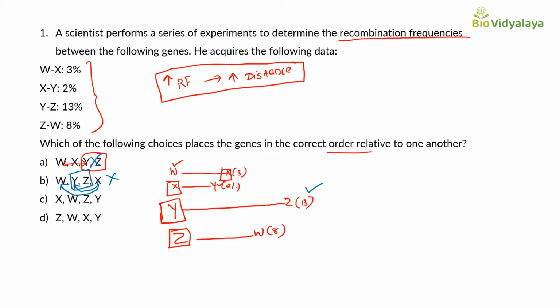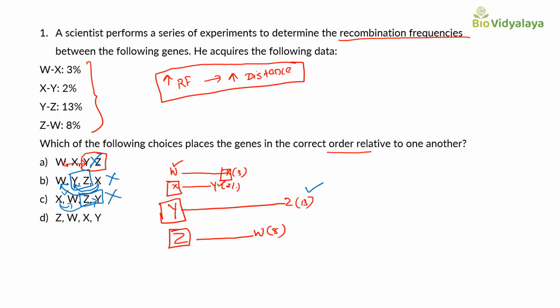Okay. Here you can see that the gene X is closer to W. This is correct. While X is far apart from Y. This is not possible. And Y and Z are also closer. This is also not possible. So this option C is not correct.